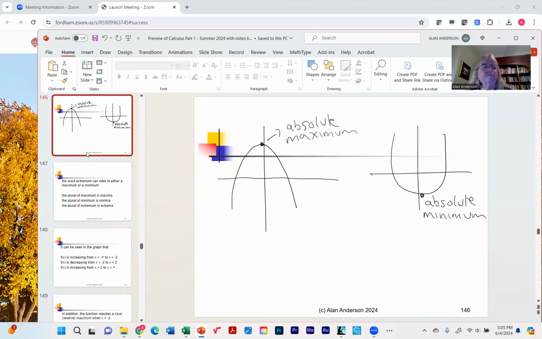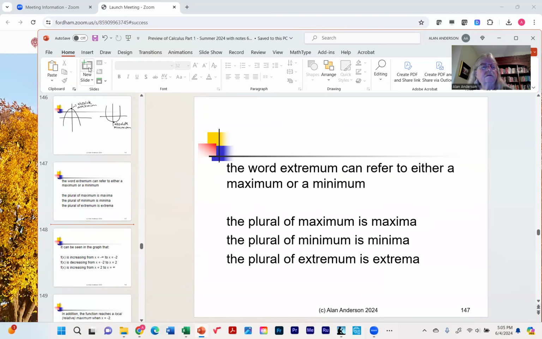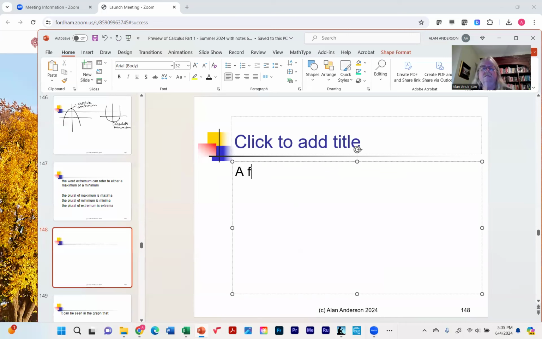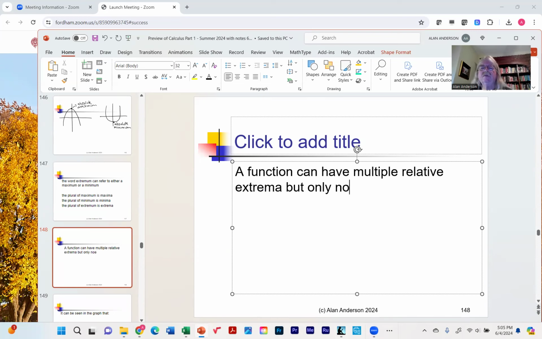Now, a function can have multiple relative extrema, I guess we'll say, but only one absolute extremum.